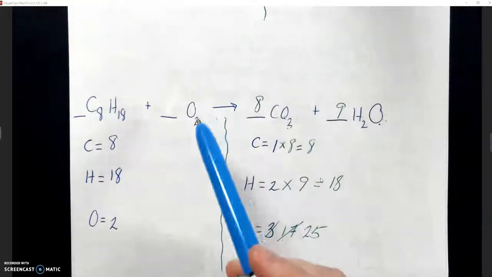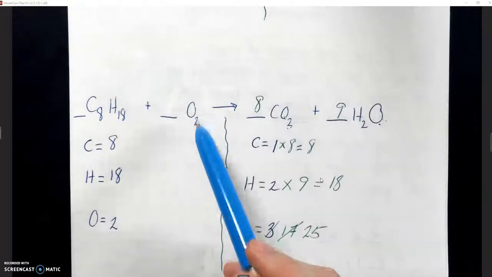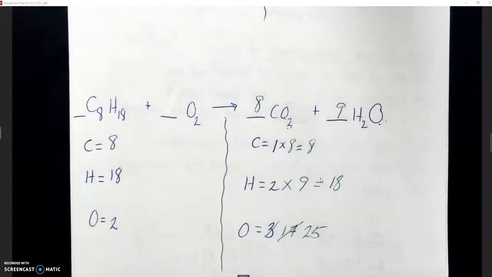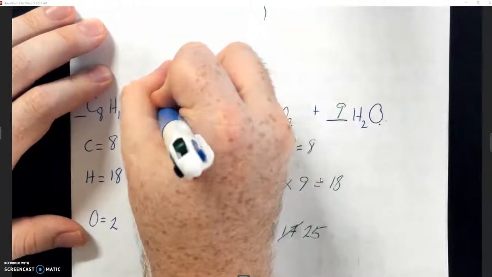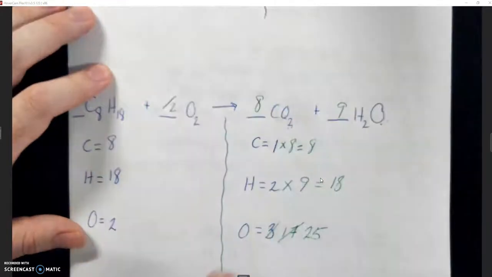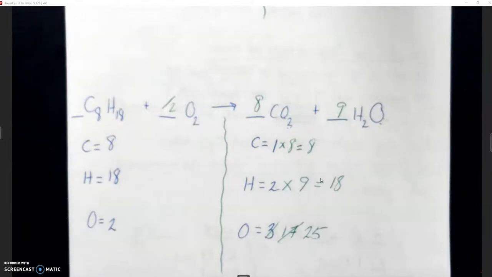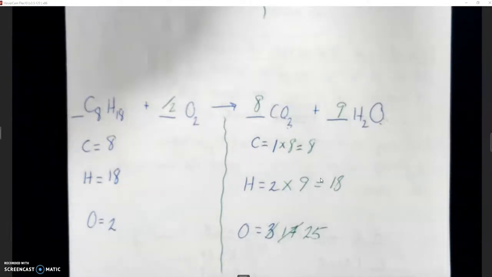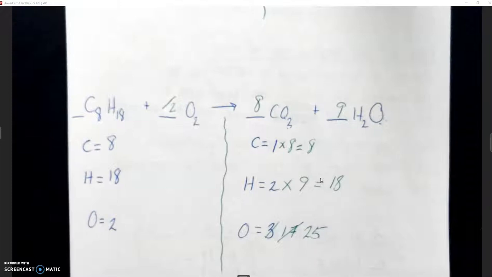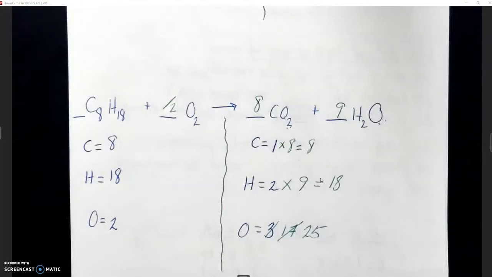So we need to think of this as an odd number somehow, and there's a mathematical way you can do that. Let's imagine that whatever coefficient we throw out in front, we are going to divide that coefficient by 2 imaginarily.